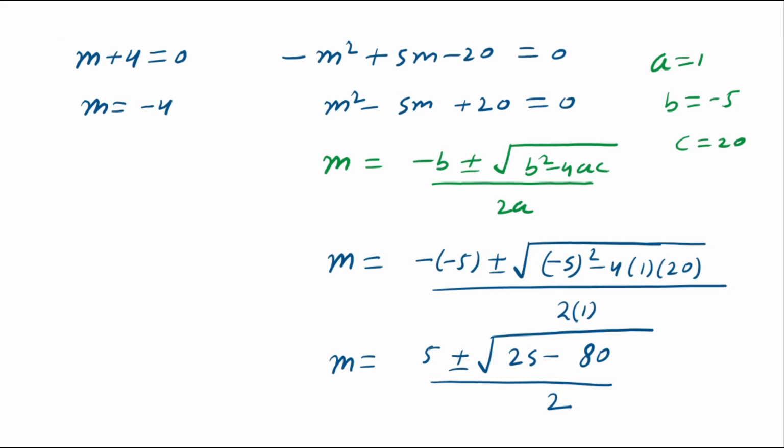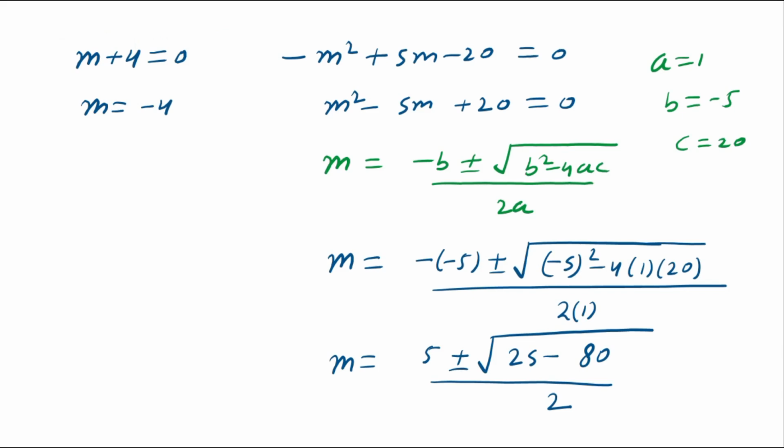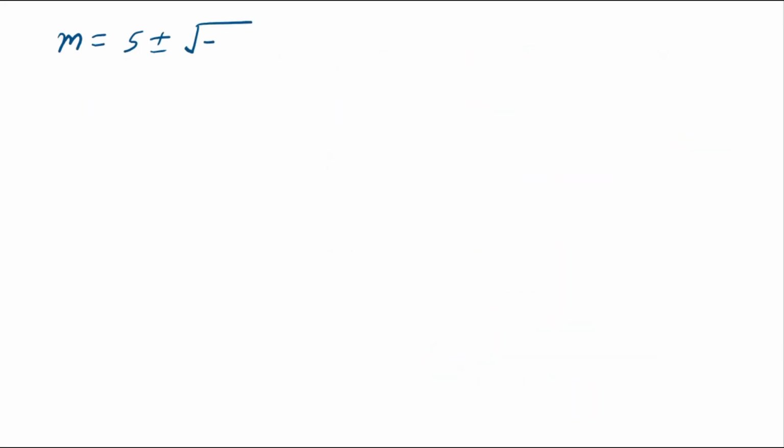Then m is equal to 5 plus minus square root of 25 minus 80, this is minus 55, divided by 2. Then m is equal to 5 plus minus square root of minus 55, which is the same as square root of 55 times iota, divided by 2.